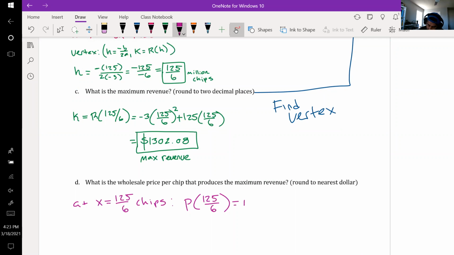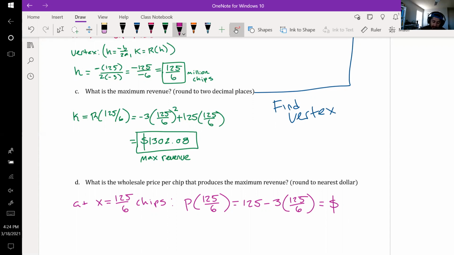So it's going to be 125 minus 3 times 125 over 6. I'll just type this in my calculator.